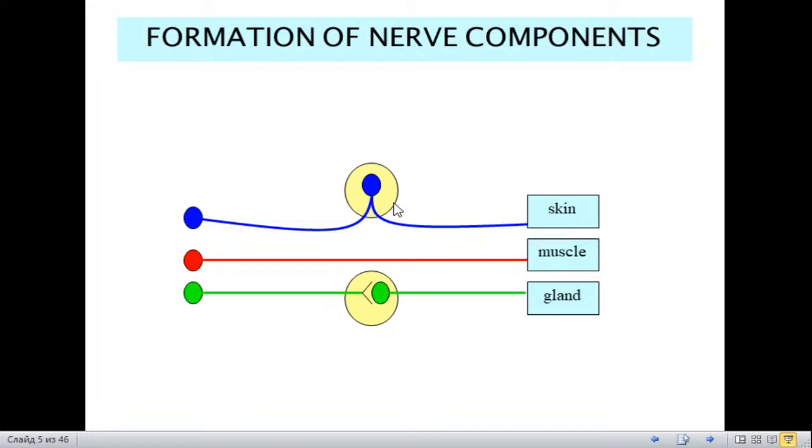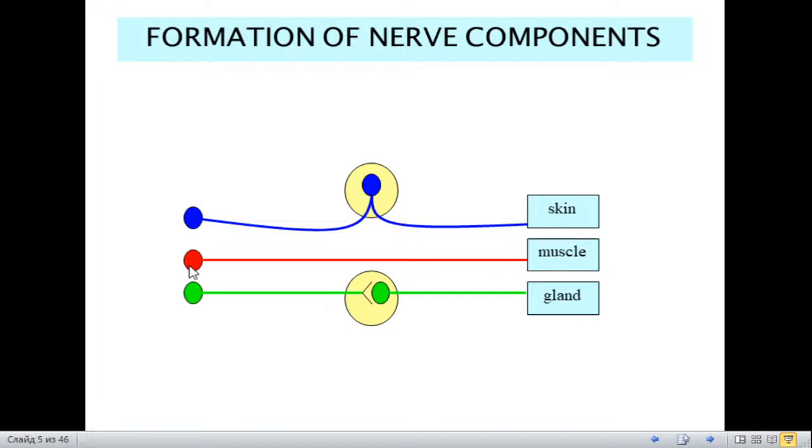In our case, in ganglions of cranial nerves. And as you can see, this ganglion contains the cell body of a pseudo-unipolar neuron. It has a single process, just after origin splitting into two. The peripheral one goes to skin, where it terminates as receptors, and the central one goes via the trunk of cranial nerves towards its sensory nuclei placed in the brainstem.